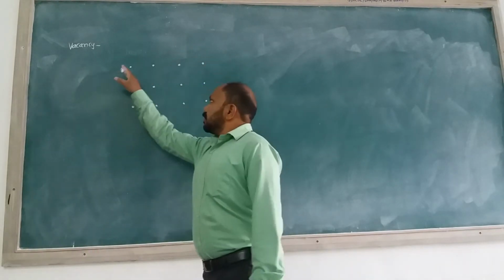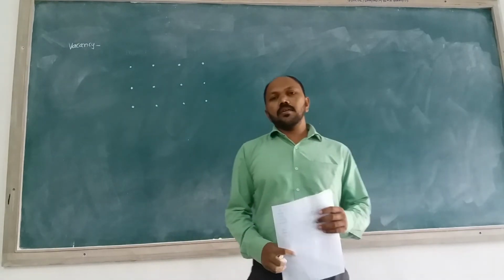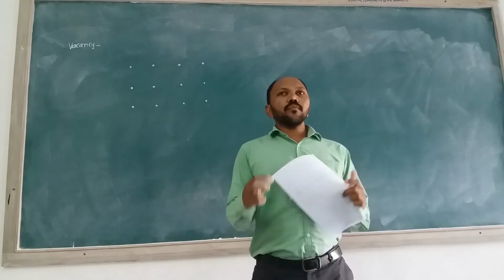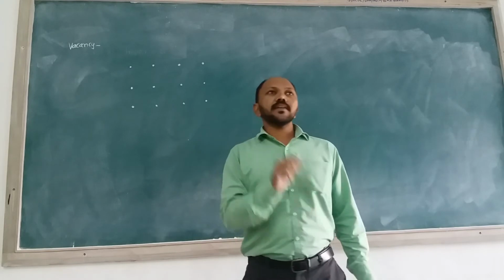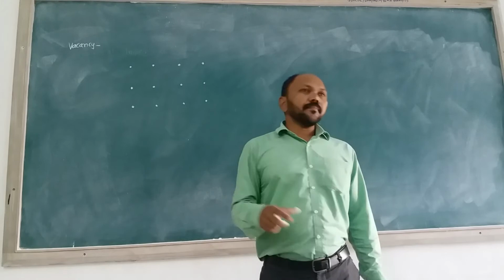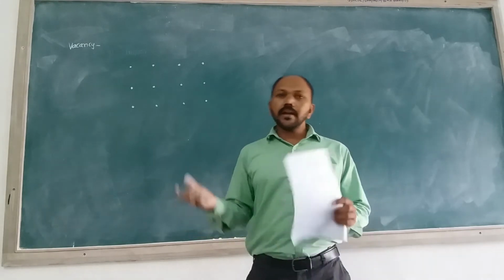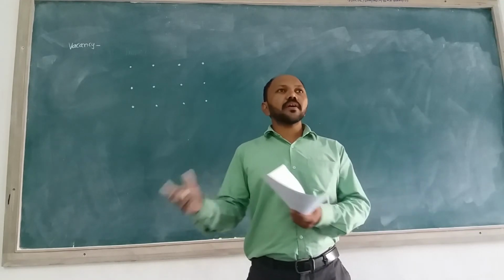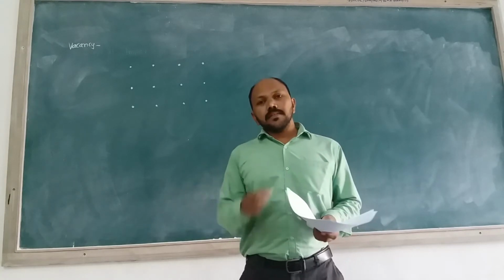These points are called lattice points. In our first lecture, we already discussed lattice points. If we want to find the crystal structure, we first locate the lattice points, and at the location of these lattice points we add either atoms, molecules or ions, depending on the requirement of the material.